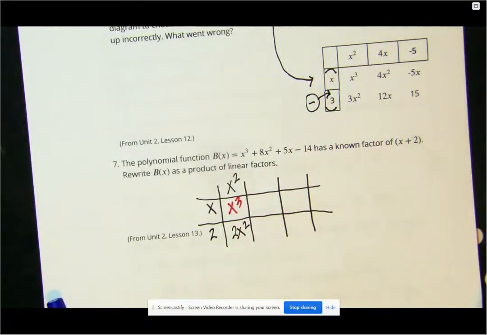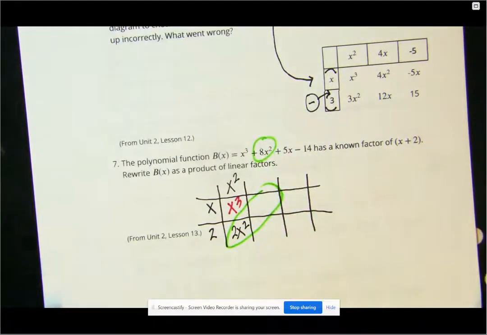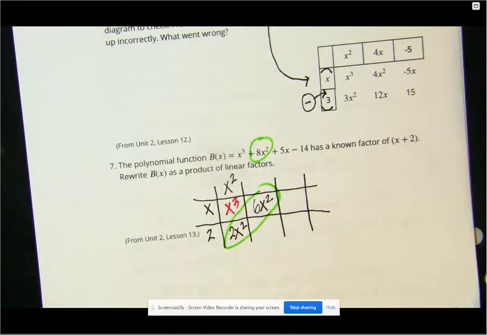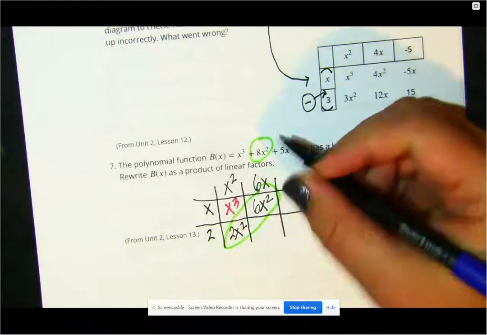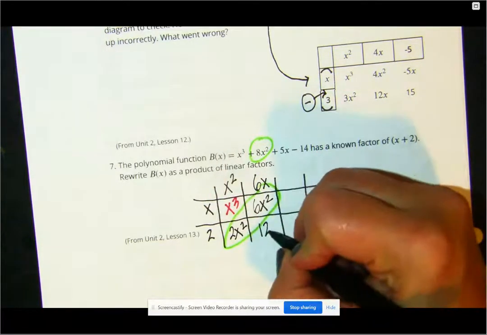Now I know that the x squareds add up to 8x squared. So that means I need 6x squared. Now I can put, that would be 6x. X times 6x makes that. 6x times 2 makes 12x.